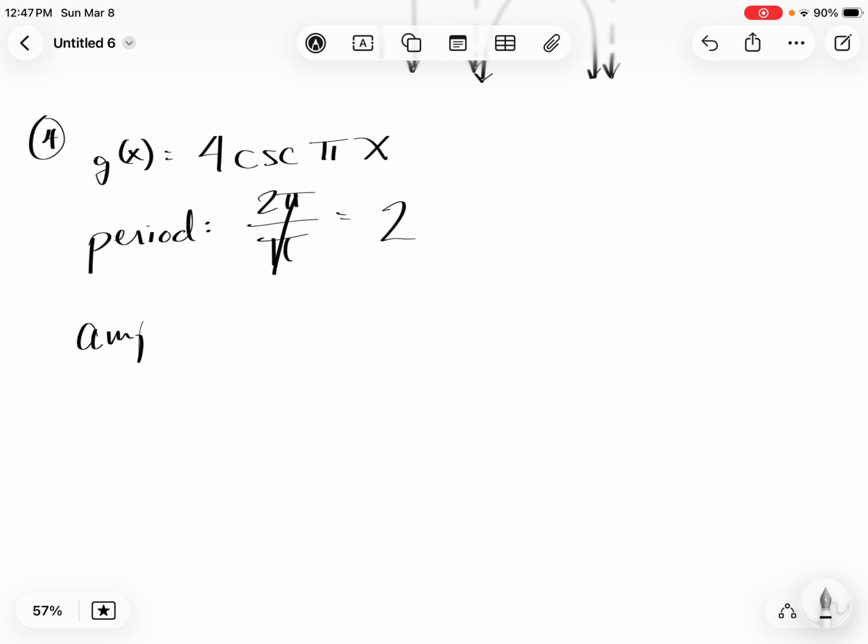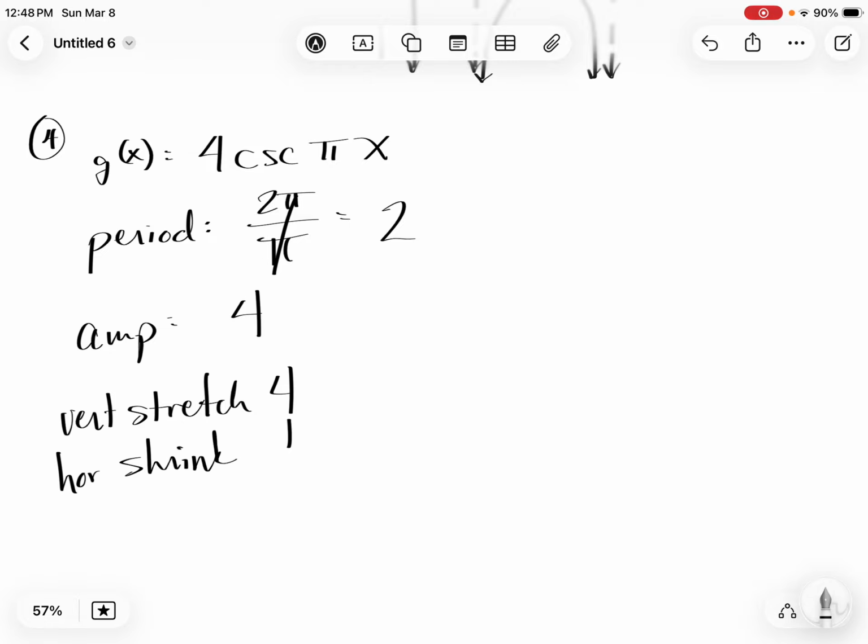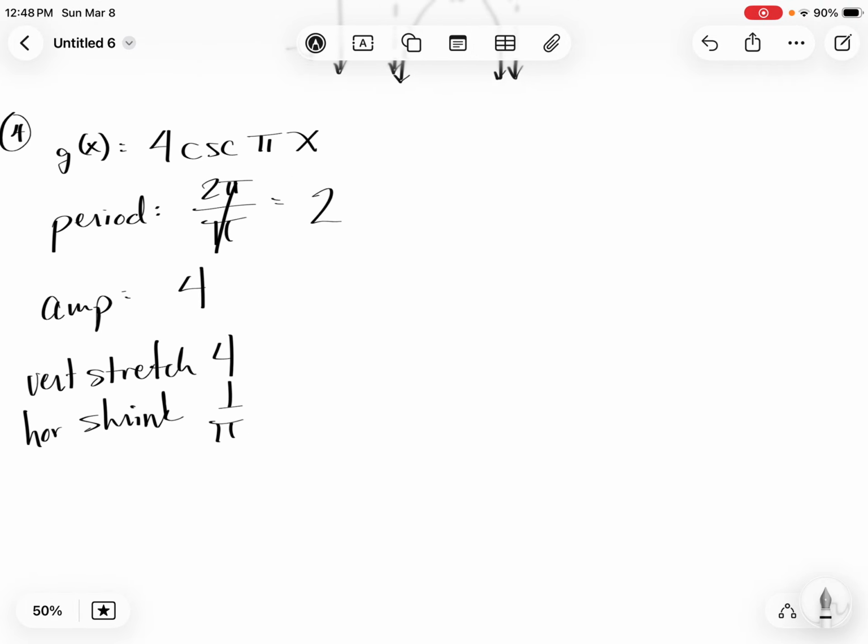The amp in this case is 4. So that is a vertical stretch of 4, and a horizontal shrink of 1/pi. Because I just flipped that over. Okay? So all those are good.